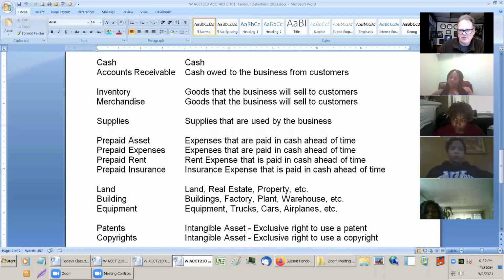If I'm running a toy store, I'm not really going to sell window cleaning spray, right? I'll buy it for the store so I can keep the place clean, but I'm not going to sell it to anybody. So supplies are generally not sold to customers. These are usually something that you keep in store to keep the place going.